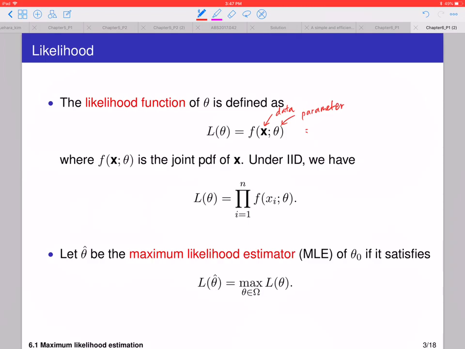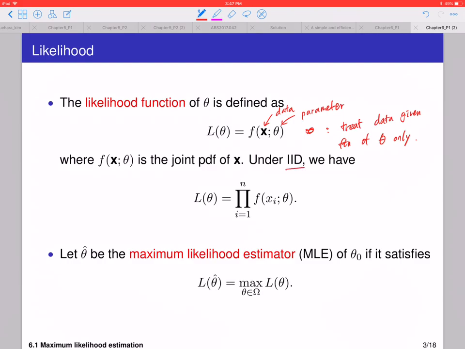We just treat the data as given and view the likelihood as a function of the parameter, which is zeta only.